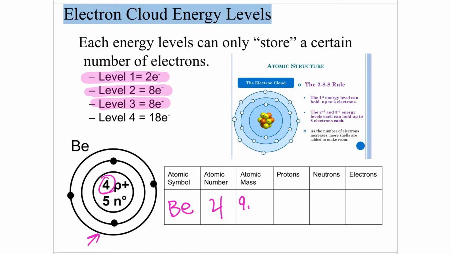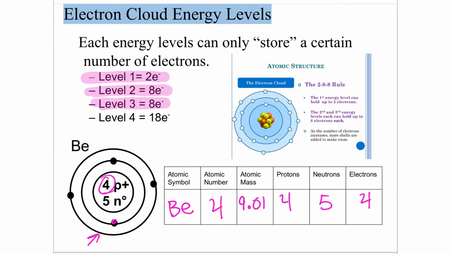And for beryllium, it's 9.01 on the periodic table. The number of protons is 4, neutrons is 5, and in a neutral atom, there are 4 electrons. And when we start, we draw 2 energy levels because beryllium is in the second row on the periodic table.